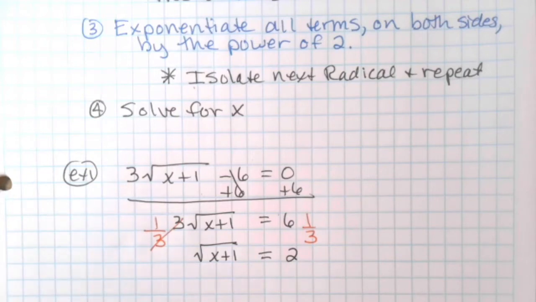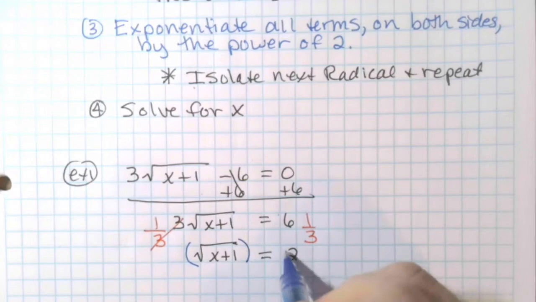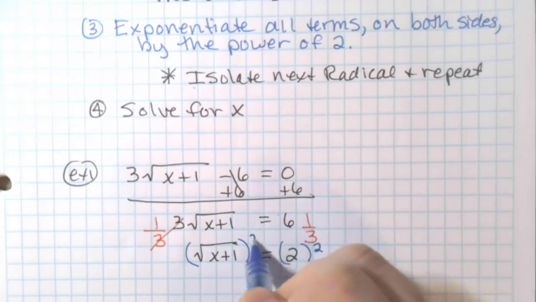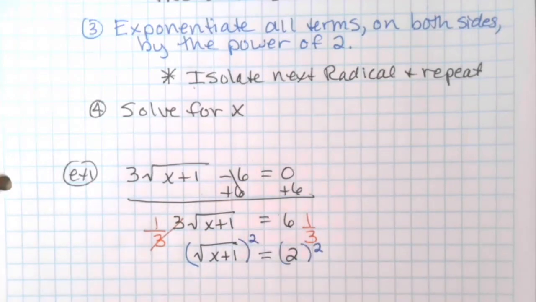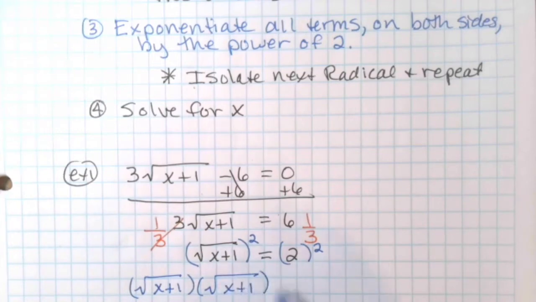All right, this is the money move. We're going to exponentiate both sides. So you raise both sides to the power of 2. Now I'm going to write this part out. This is why squaring both sides actually works. So when you square this radical, you now have the radical x plus 1 times the radical x plus 1. On the right, obviously 2 squared is 4. It's pretty easy.